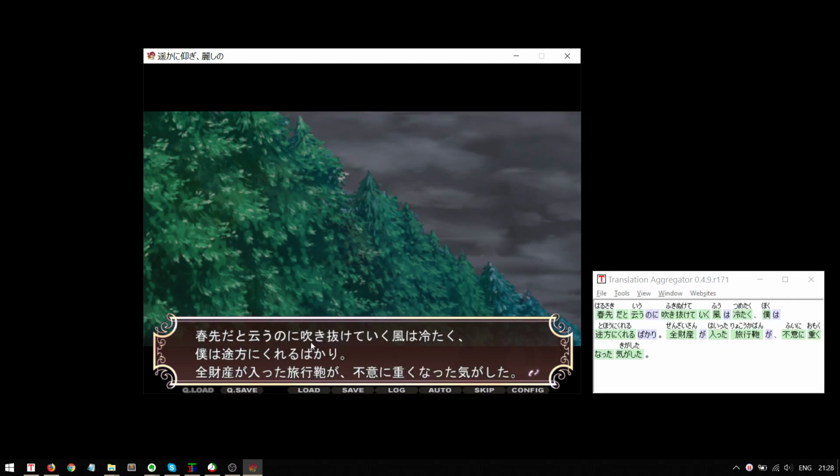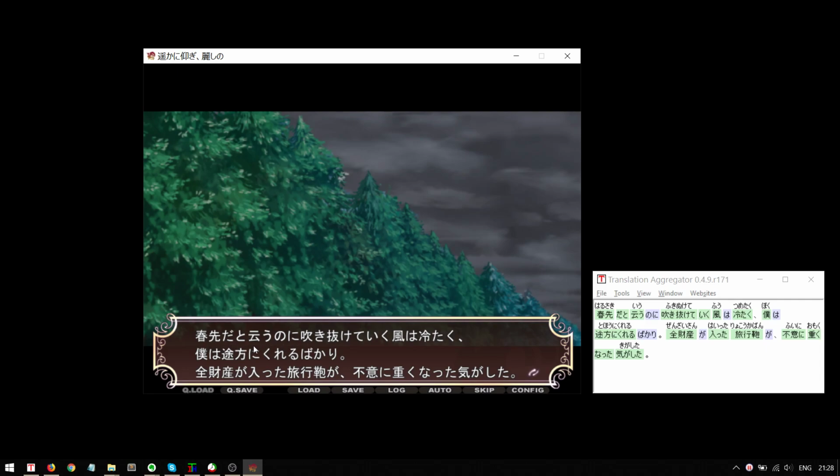春先だというのに吹き抜けていく風は冷たくて、僕は途方に暮れるばかり。全財産が入った旅行カバンが不意に重くなった気がした。春先 is the beginning of spring. だというのに is saying even though it's this, the result is different.